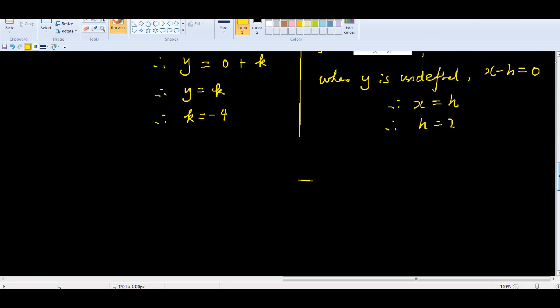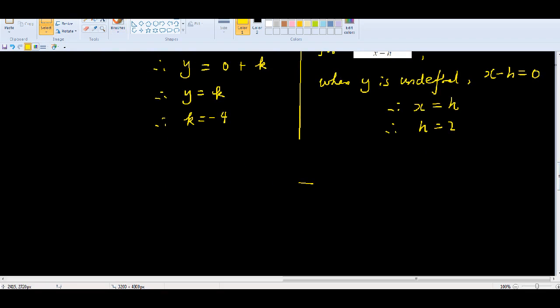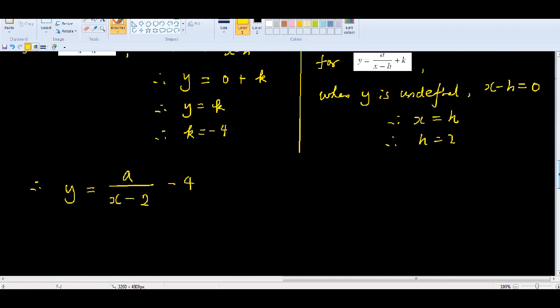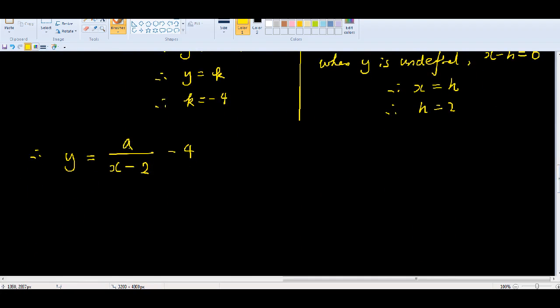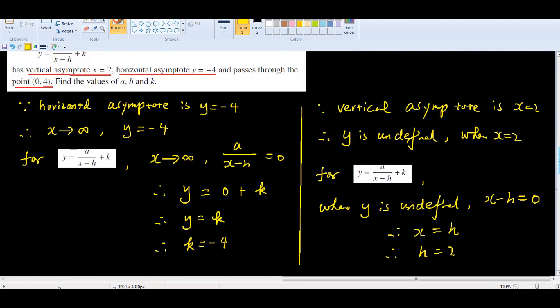How could we find a? Now we will have y equals a over x minus 2, minus 4, because k equals minus 4. To find a, you need to use the last point, 0, 4.